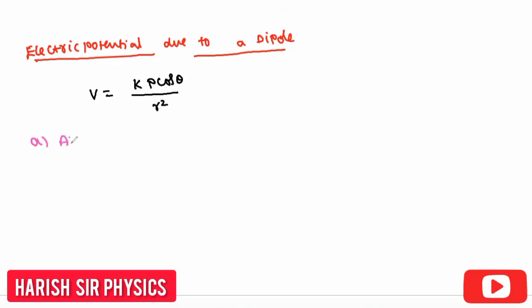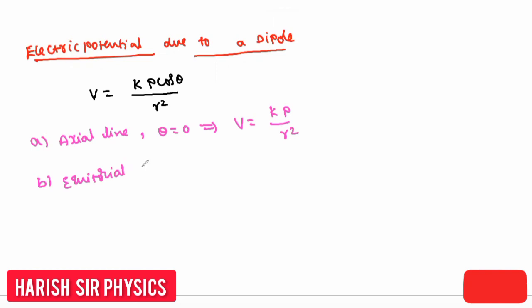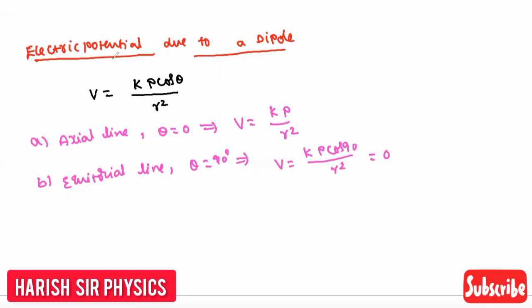First, if it is the axial line, as we discussed in electric charges and fields also, theta is equal to 0, so potential V is equal to K into P, cos 0 value is 1, K into P divided by R square. If it is the equatorial line, theta is equal to 90 degrees, then V is equal to K into P cos 90. Cos 90 value is 0. So potential will be 0 at the equatorial line.